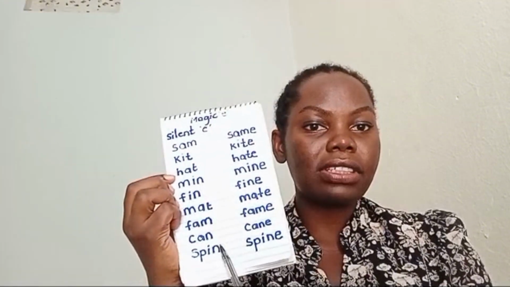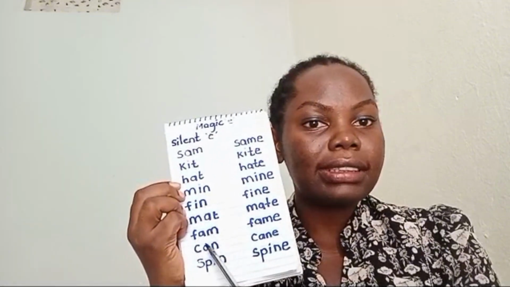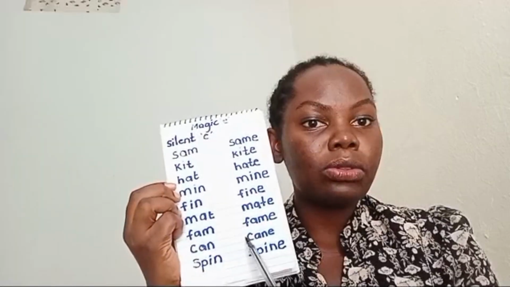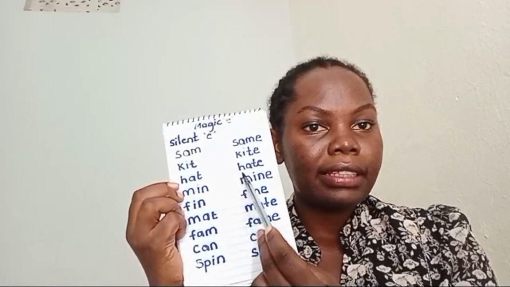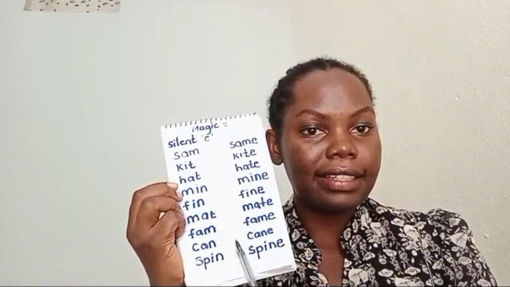When we add the magic E at the end of this word, it becomes "spine". So literally the magic E makes the short vowels turn into long vowels, as you've seen in this lesson.